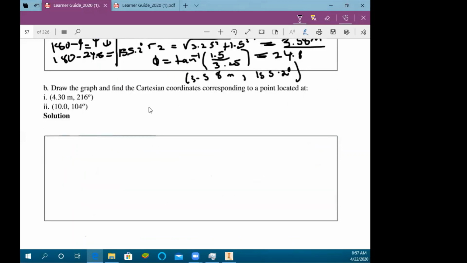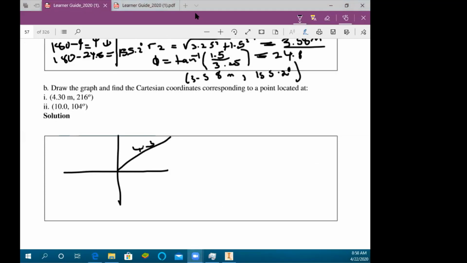Now let's move on to the next question, part B. Draw the graph and find the Cartesian coordinates corresponding to a point located at this value and this value. In this case, let's just be quick because we know what we're doing now, right? Yes. 4.3.